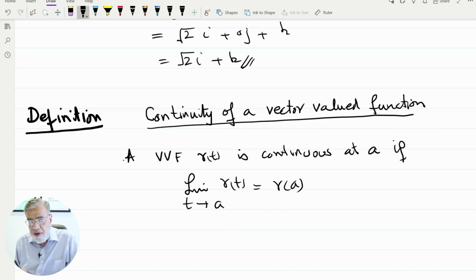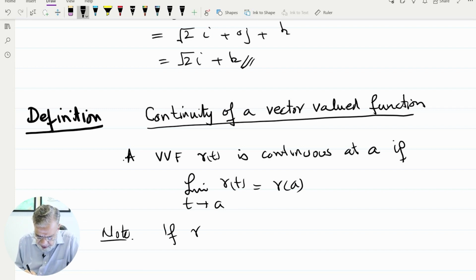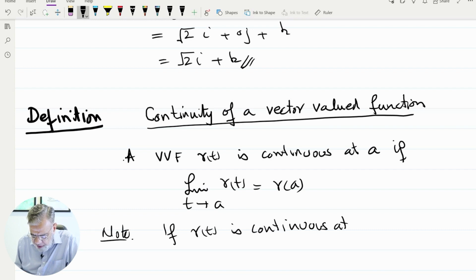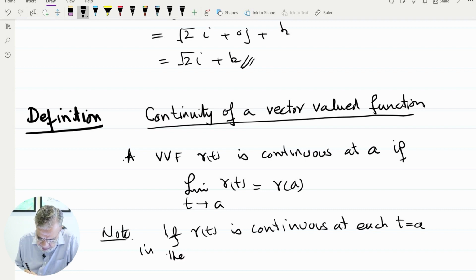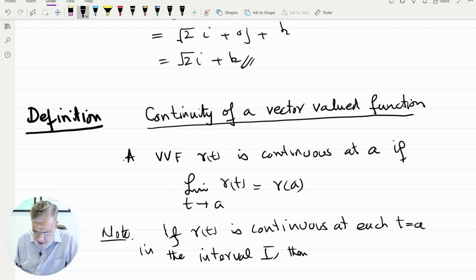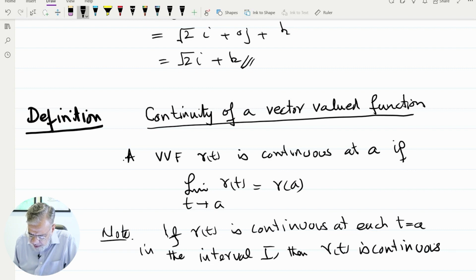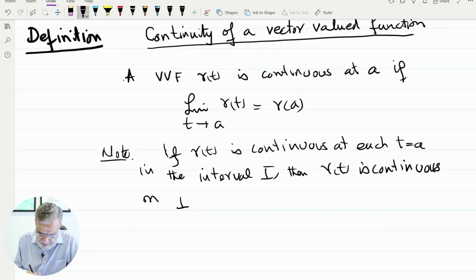If this is continuous at each point a in the interval I, then we say this is continuous on the interval I. We take as a note: if r of t is continuous at each t equals a in the interval I, then we say that the function r of t is continuous on interval I. So that's the idea.